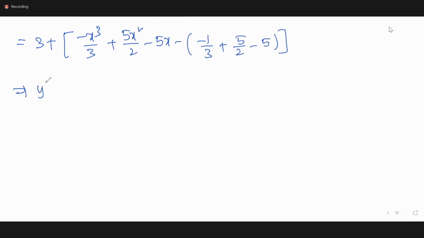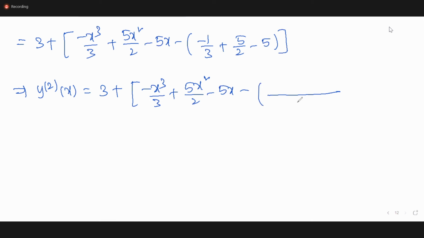So the second approximation is y2 of x is equal to 3 plus minus x cube by 3 plus 5x square by 2 minus 5x, minus of LCM 6: minus 2 plus 15 minus 30.